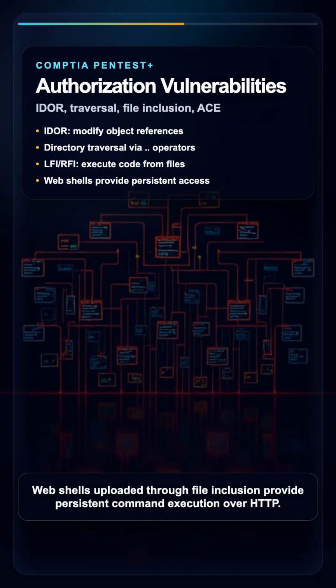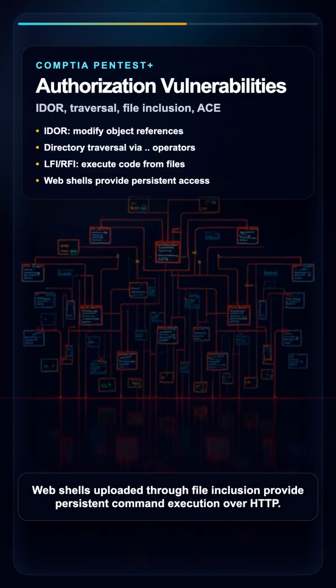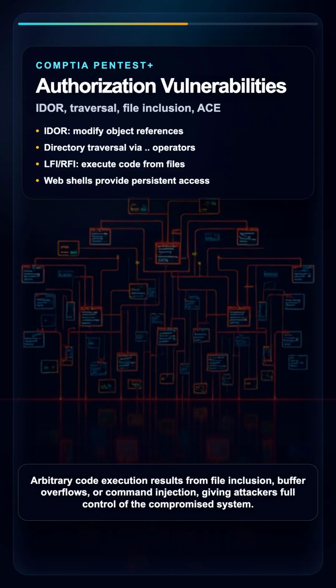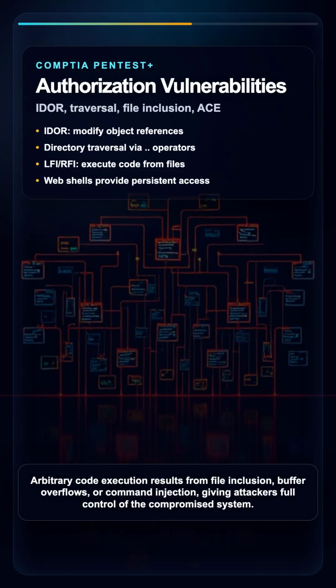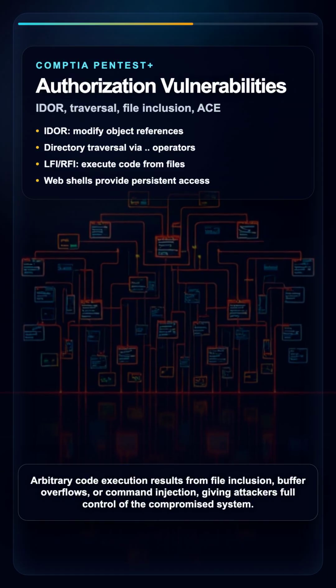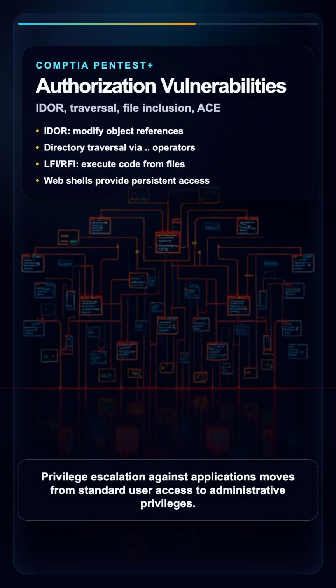Web shells uploaded through file inclusion provide persistent command execution over HTTP. Arbitrary code execution results from file inclusion, buffer overflows, or command injection, giving attackers full control of the compromised system. Privilege escalation against applications moves from standard user access to administrative privileges.